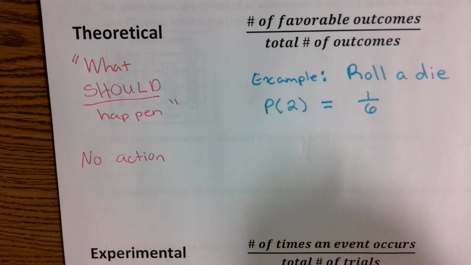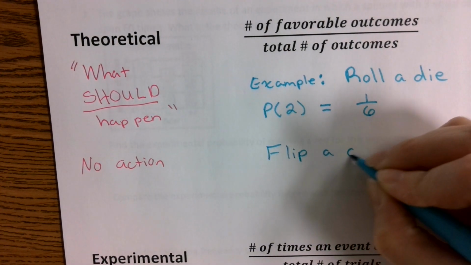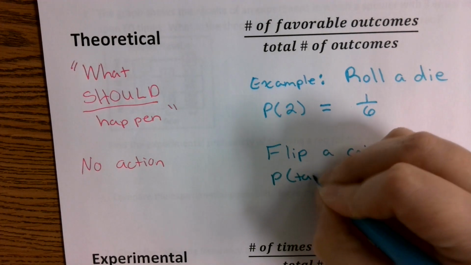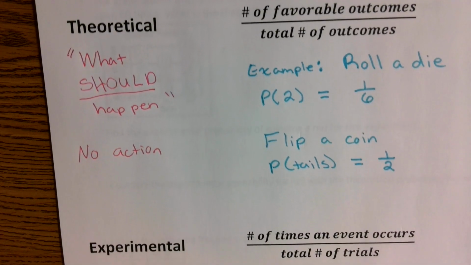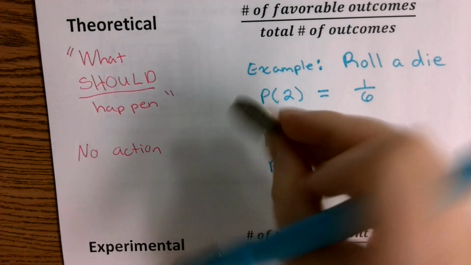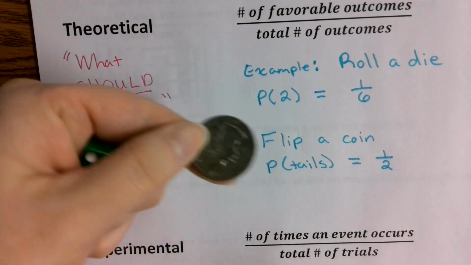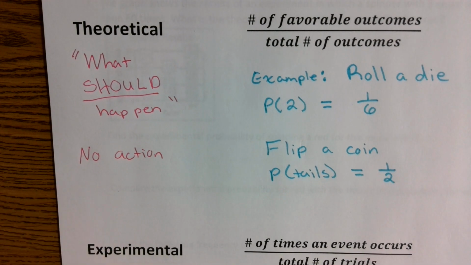Again, if I flip a coin and I want the probability that the coin is going to land on tails, that's going to have a theoretical probability of 1/2, because only one side of the coin is labeled tails out of the 2 sides. So 1/2. Okay, these are theoretical probabilities.